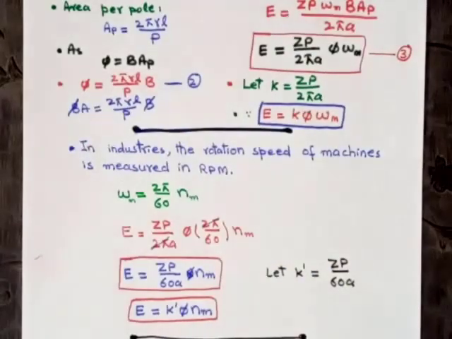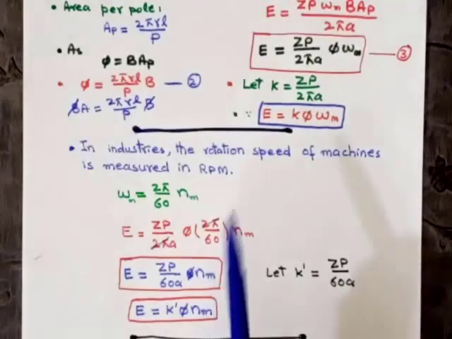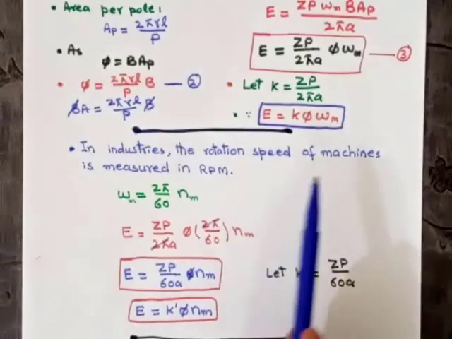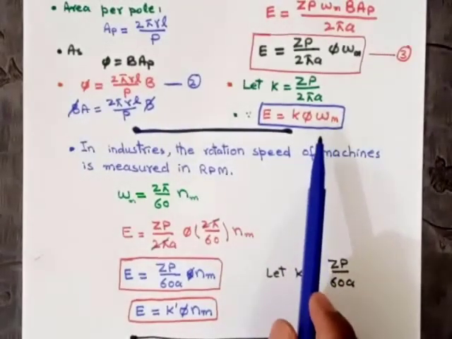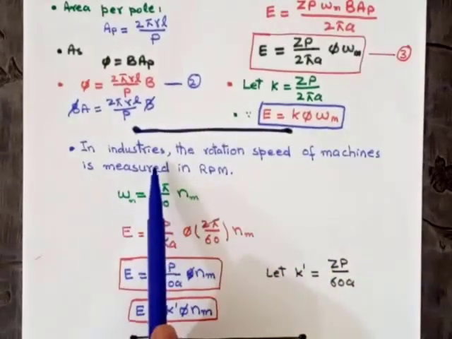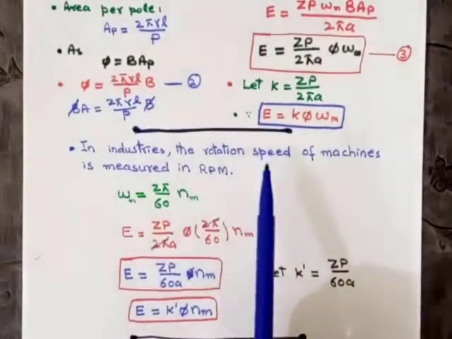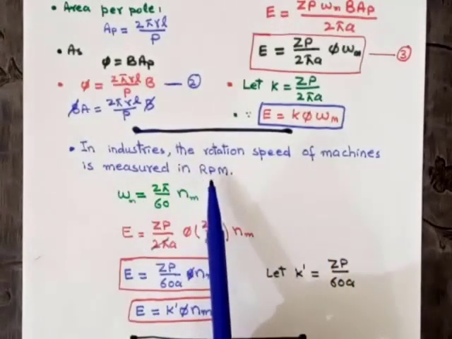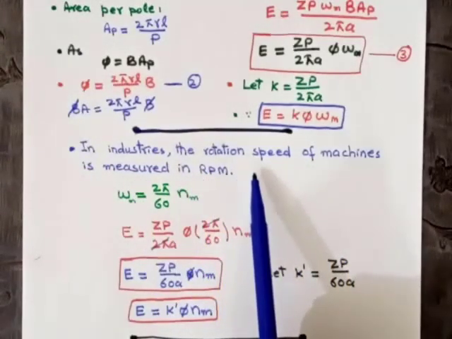In industries, the rotation speed of machines is measured in revolution per minute instead of radian per second. Here the speed is in radian per second, but in industries, the rotation speed of DC machines is measured in revolution per minute.